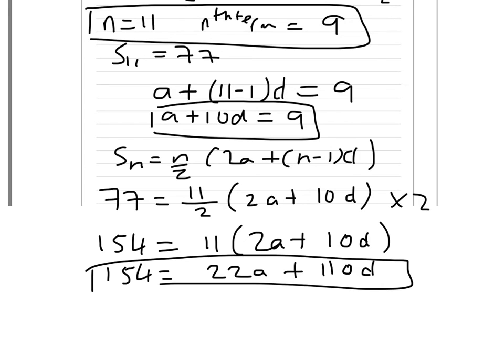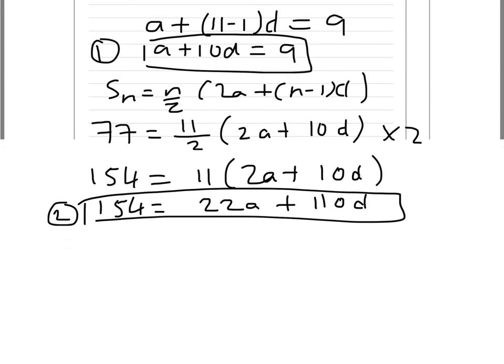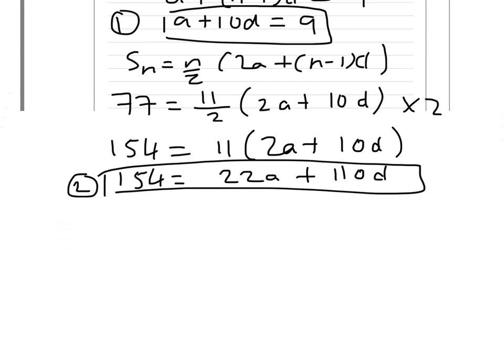This now becomes our second equation for simultaneous equations. So, taking the two equations, we have a plus 10d equals 9, and 22a plus 110d equals 154.